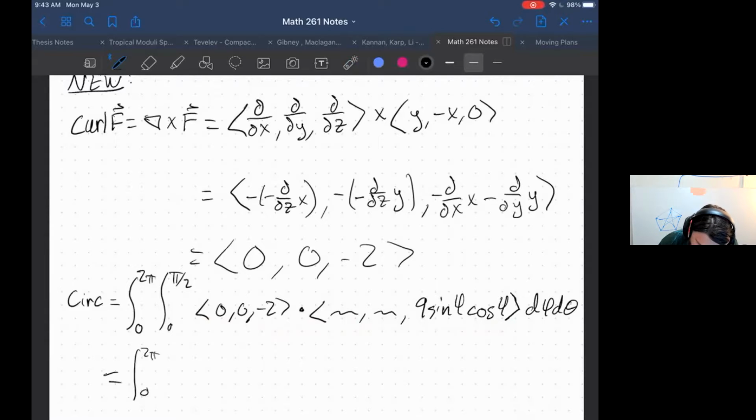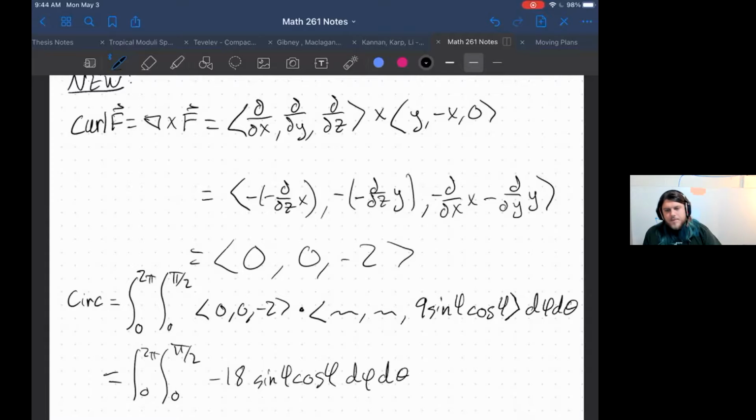Anyways, once we get this cross or dot product, we have this integral of -18 sine of phi cosine of phi d phi d theta. Now what's nice here is, well, you can factor out this -18.